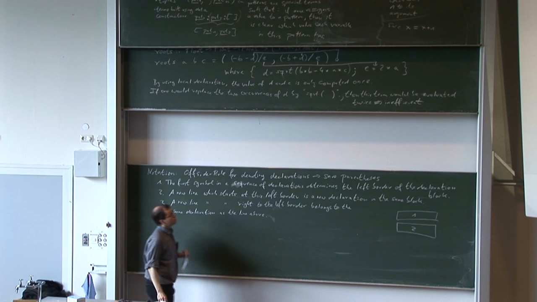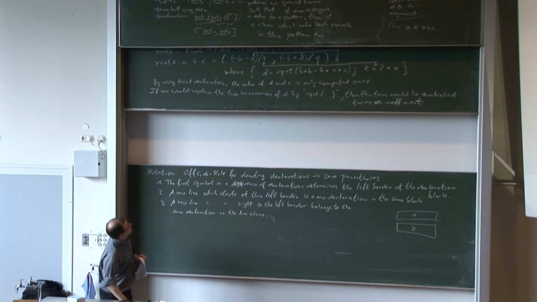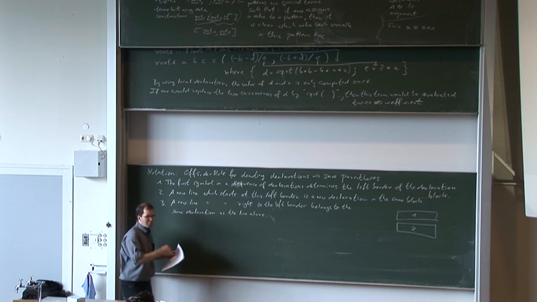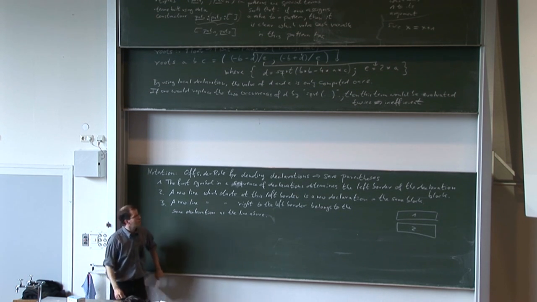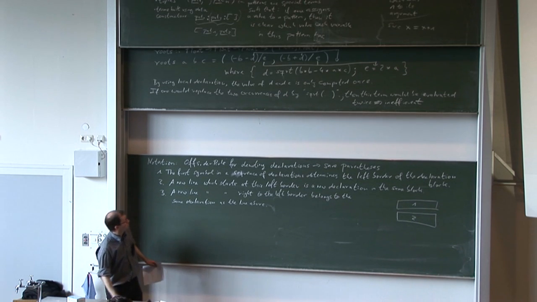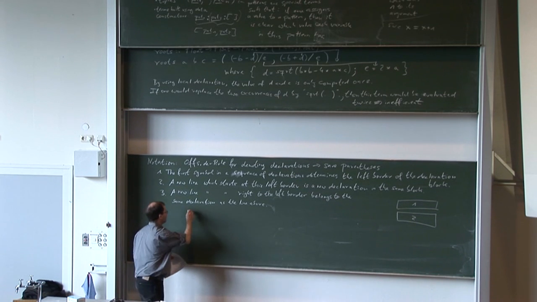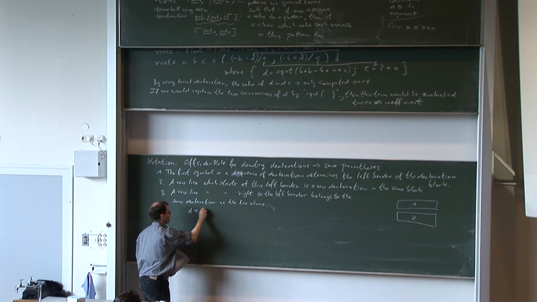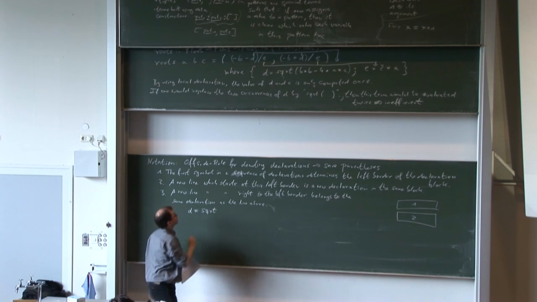So for example, if your screen is very, very small and D equals square root B times B minus 4AC doesn't fit on your screen, or if you program on your PDA or on your mobile phone, you have Haskell for mobile phones maybe, then you probably have to start here.